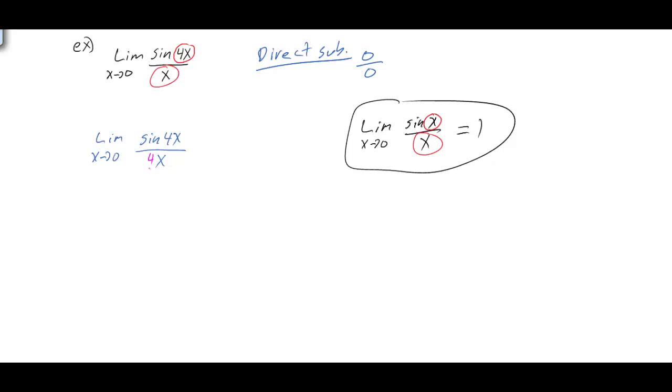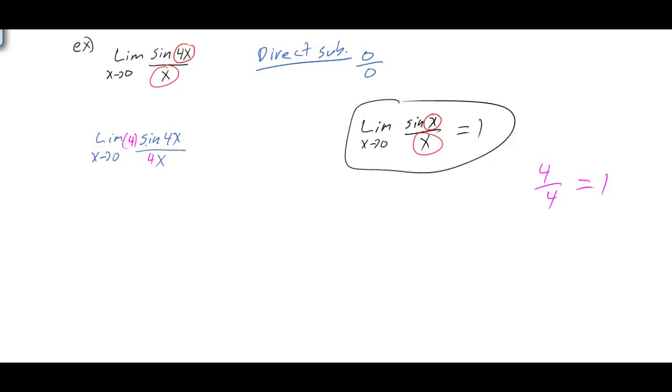We're multiplying the bottom by 4, and to cancel that out, we put a 4 on top. So what have we really done here? We've multiplied by 4 over 4. If you multiply by 4 over 4, that is 1. So if we're multiplying by 1, we have not changed the problem. But what have we done though?